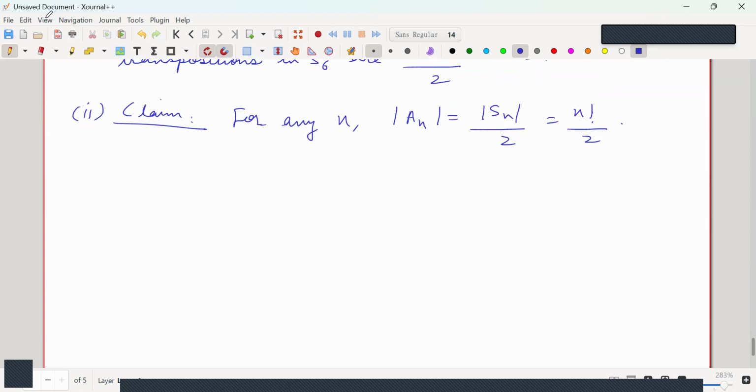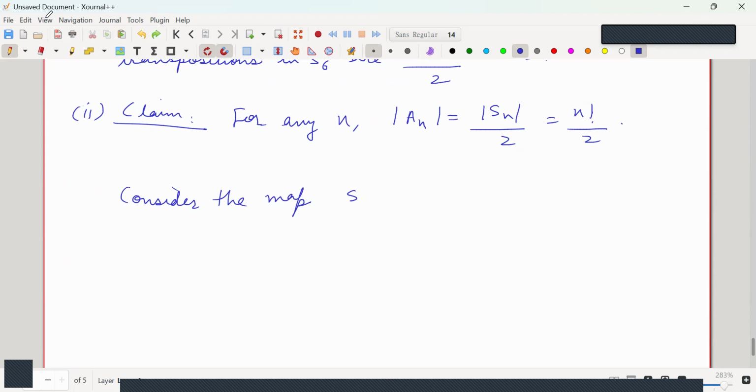So consider this map, from Sn, and let me denote it by sign. Will it be a good notation?